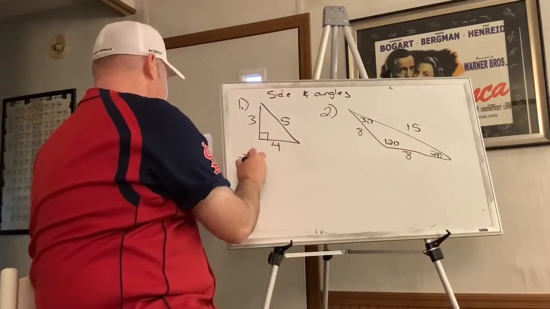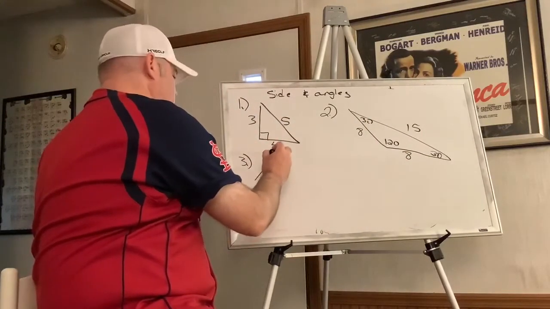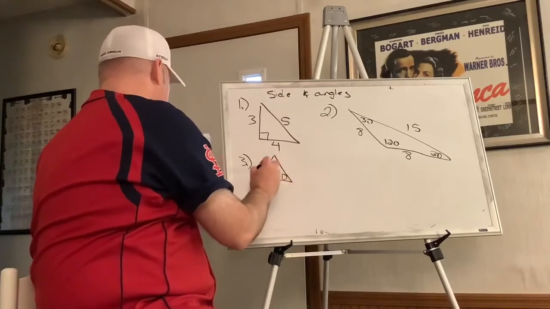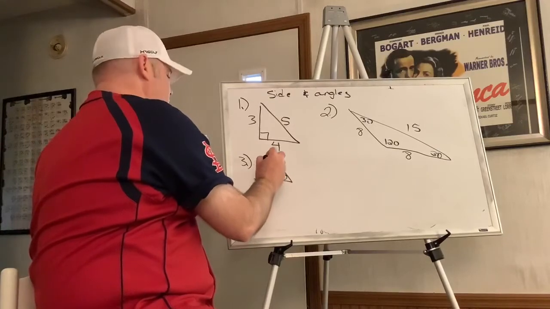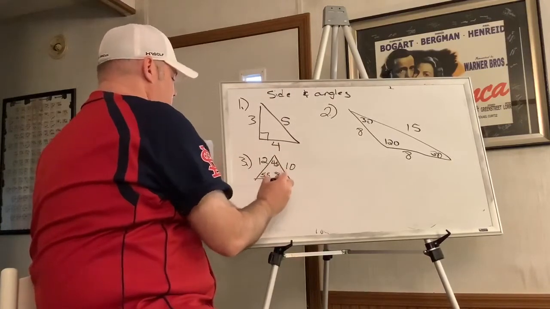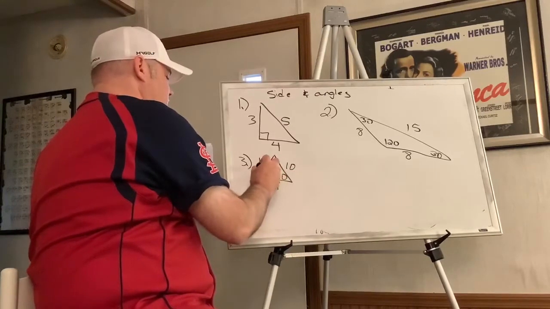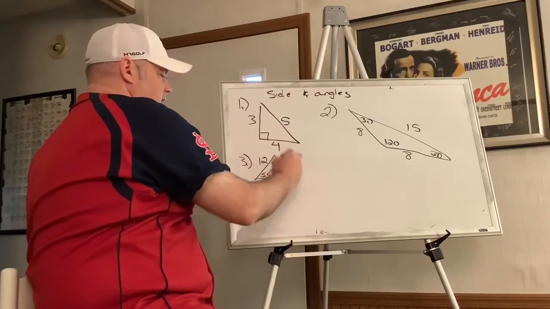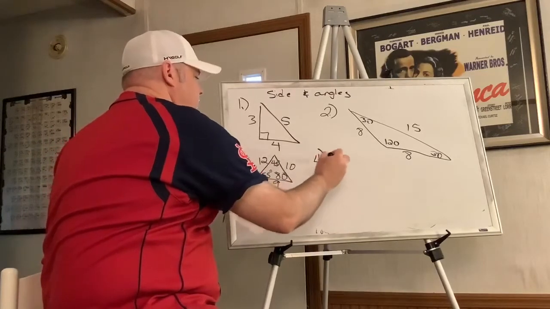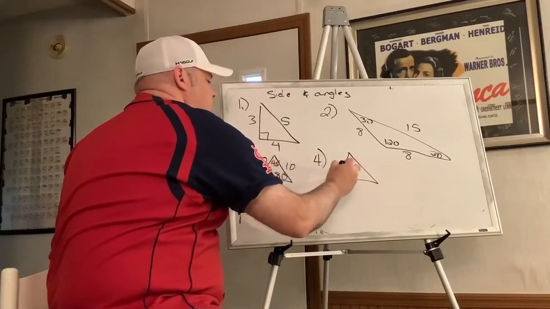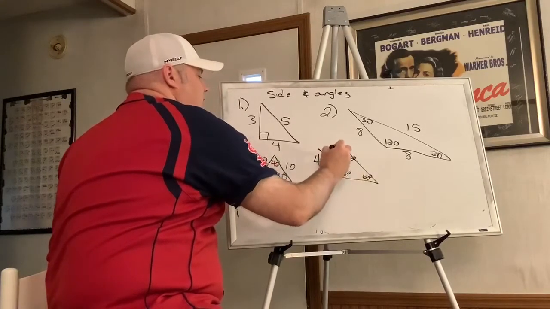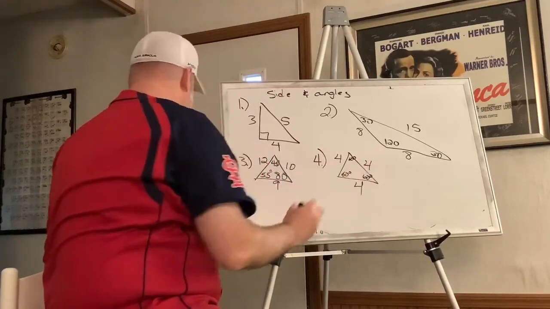Number 3, 80, 55, 45, 12, 10, 9. Okay, and these are the degree measures. These are the side lengths. Okay. Number 4, I want you to name this one. It's a 60, 60, 60, and a 4, 4, 4.